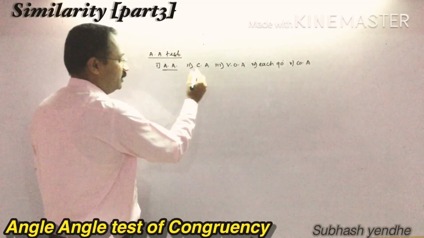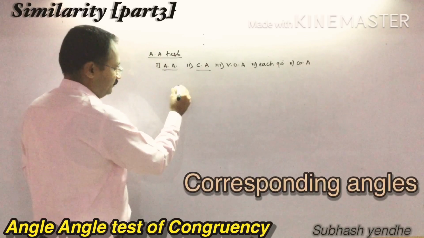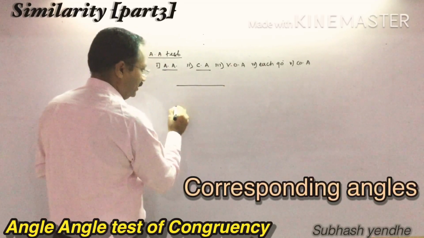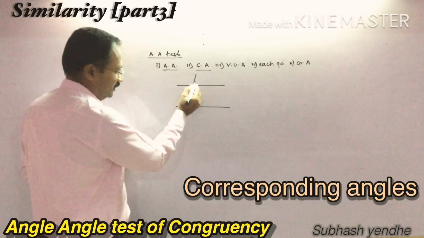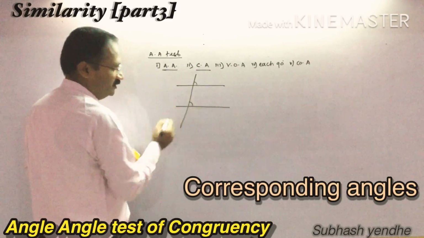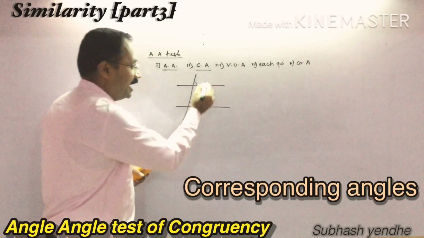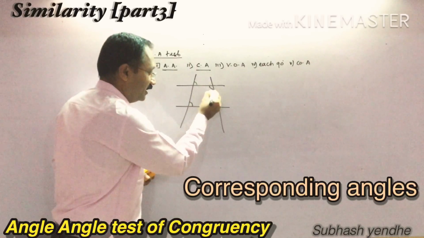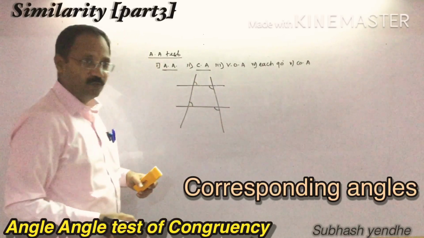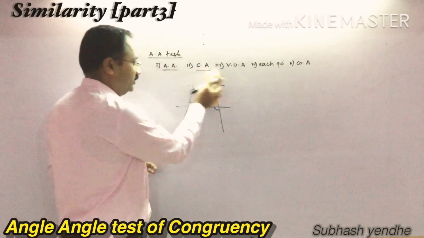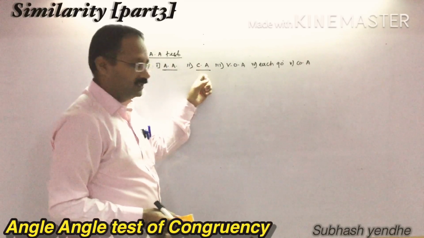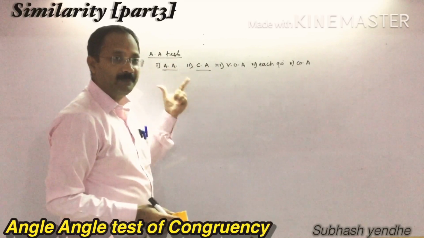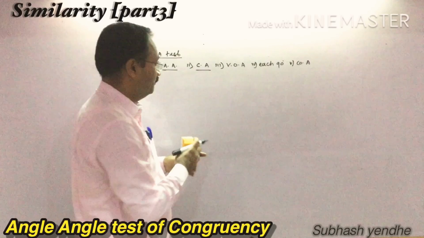Then, what about the corresponding angle? Again, we need the lines to be parallel. If there is a transversal, then it makes the corresponding angles like this, or like this. These are the corresponding angles. For these two, alternate angle and corresponding angle, the lines should be parallel, otherwise they will not come.